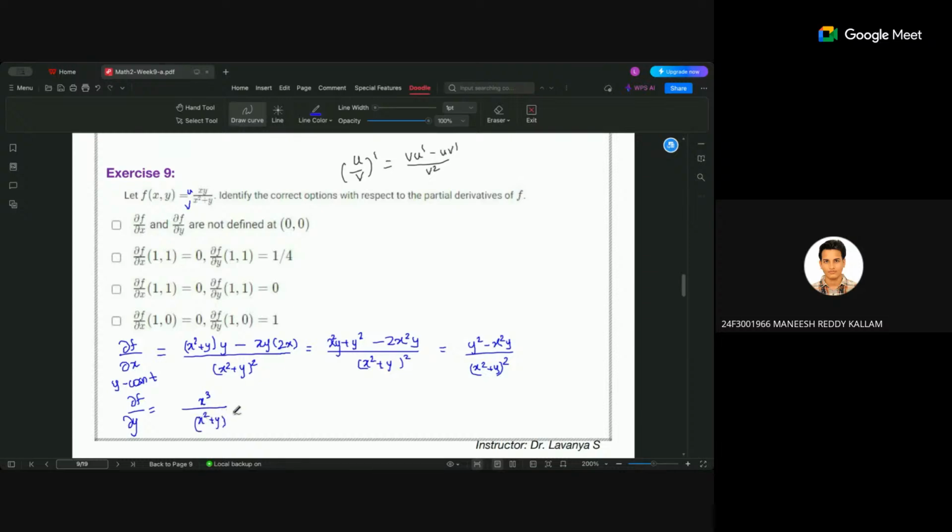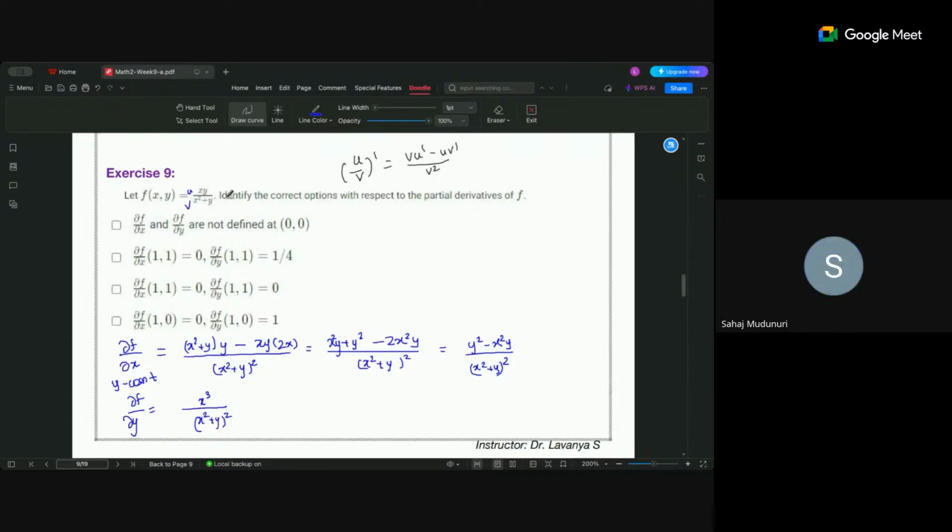Okay, so now let's look at the options. You need to compute ∂f/∂x at (0,0), (1,1), (1,0). But before even checking that, at (0,0), do we need to look at the partial derivatives or do we need to look at the question first? The function doesn't exist.